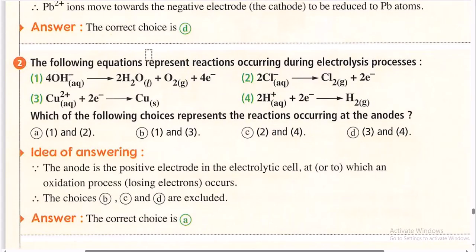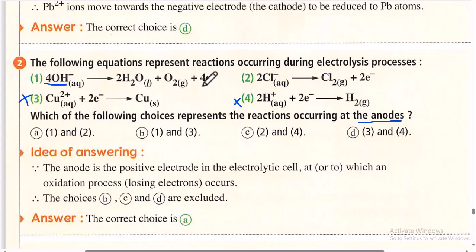Another example. Here the following equations represent reactions occurring during the electrolysis process. The question is: which of the following choices represents the reaction occurring at the anode? The anode means anions oxidized. Anions means ions with negative charges. So this is not an anion. Here the anion is hydroxide.